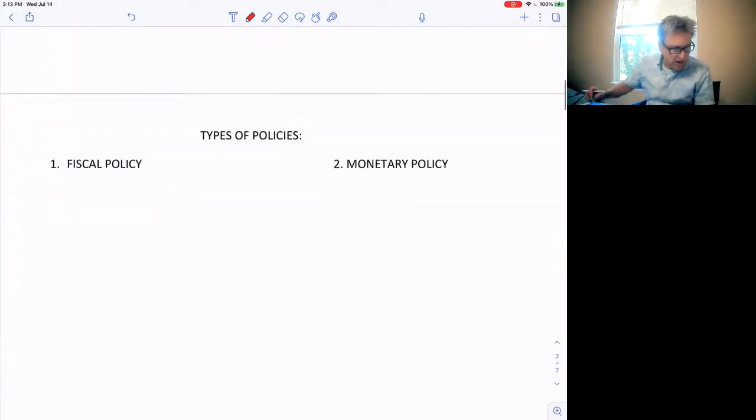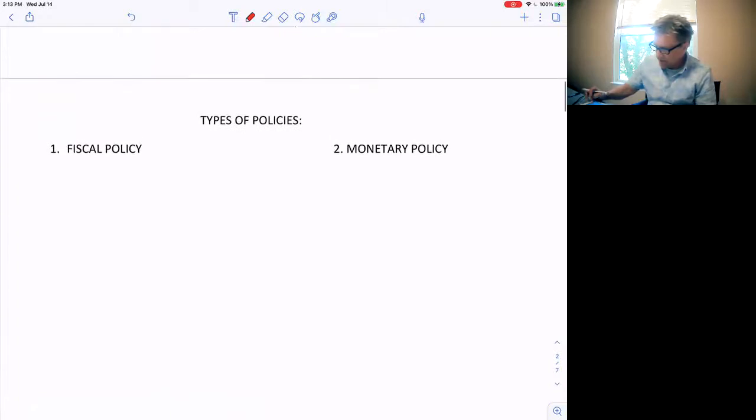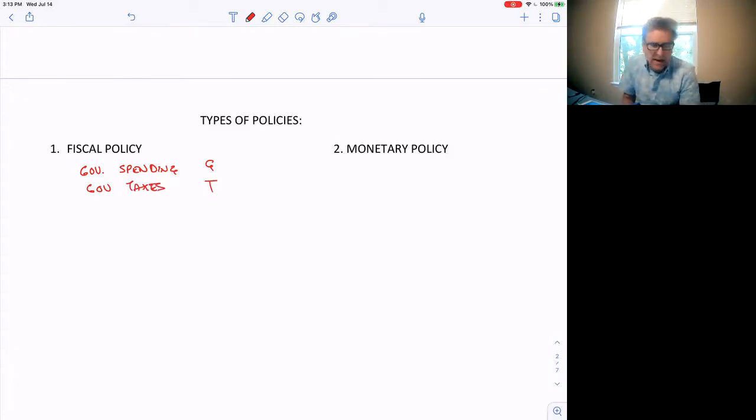So, two types of policies in general that we have: fiscal policy and monetary policy. Fiscal policy involves spending and taxes. So it's government spending, which we symbolize with a big capital G, or changing government taxes, which we symbolize with a T. So changing either one of those will change aggregate demand.